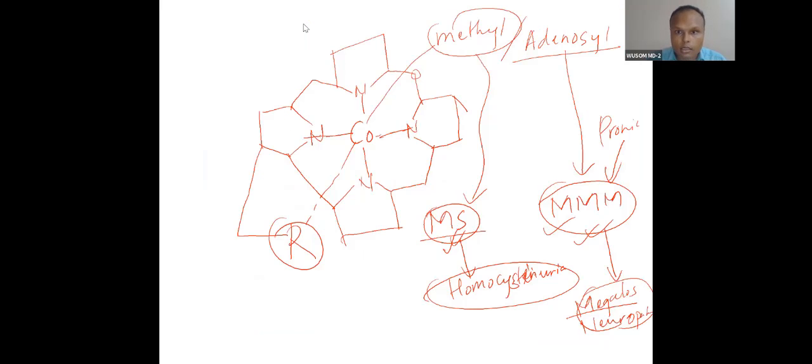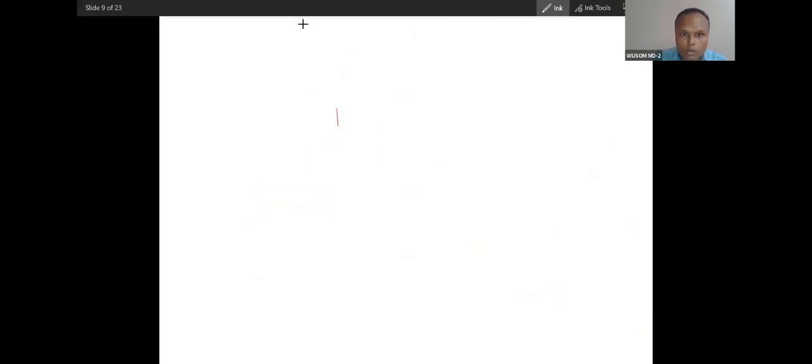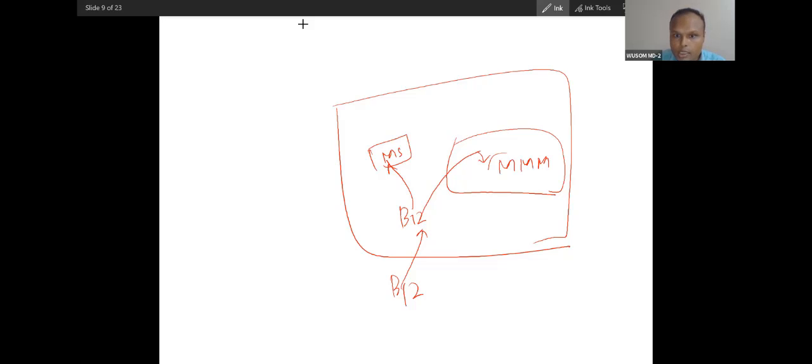I will rather draw a picture so that you will remember. So this B12 enters, and B12 either will be part of methionine synthase, MS, or it will be part of, inside mitochondria, methylmalonyl coenzyme A mutase, which is part of the propionic acid pathway.